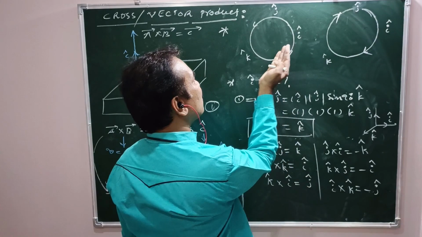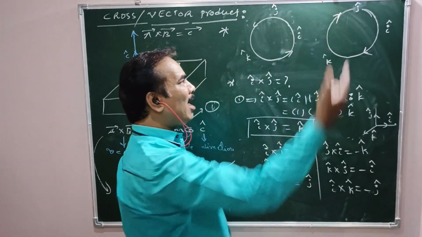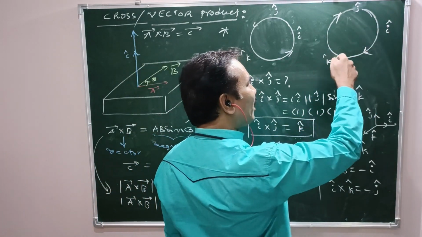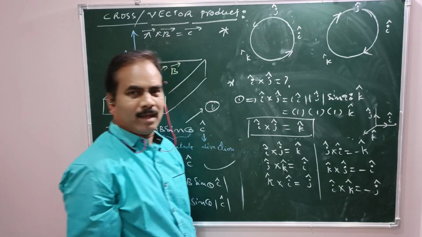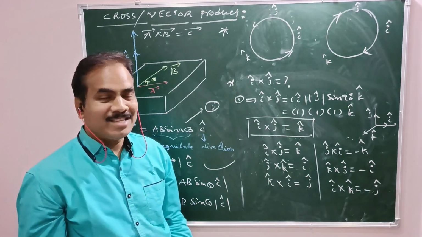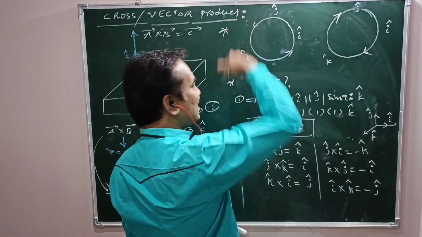Anti-clockwise sense means from i to j, j to k, k to i. Clockwise means from j to i, i to k, k to j. Right? I am going with the anti-clockwise sense initially.